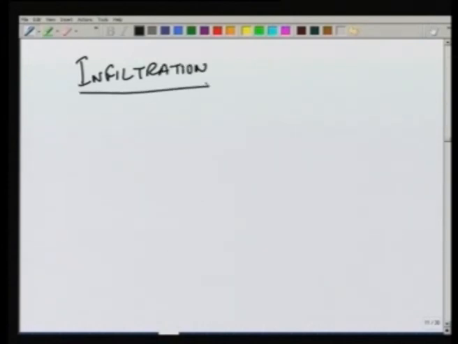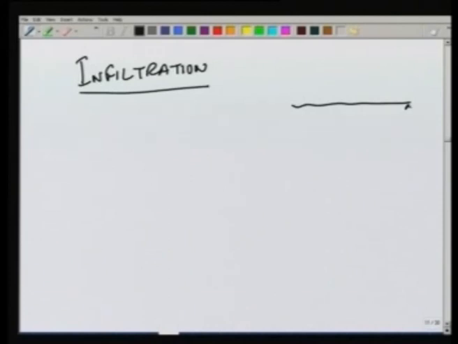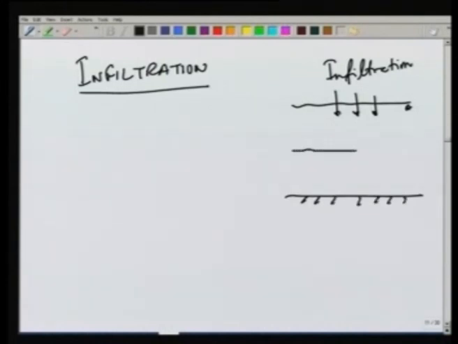And infiltration can be thought of as the movement of water below the ground level. So, it is really passing the ground level and going below the ground surface. Now, below the ground surface there is an amount of soil here which is saturated with water, and this saturated water is called groundwater.